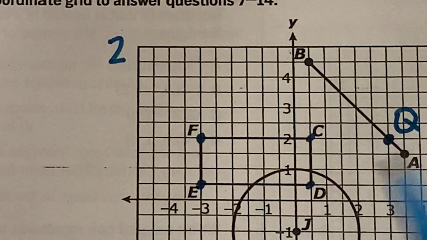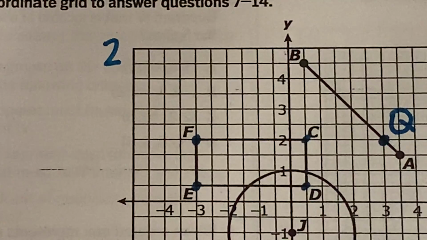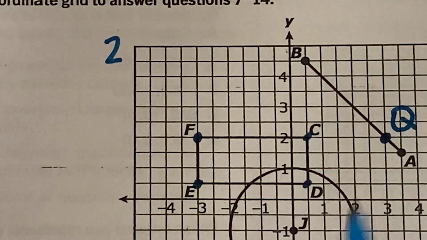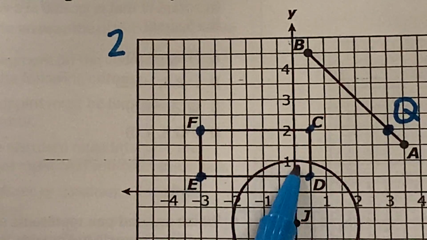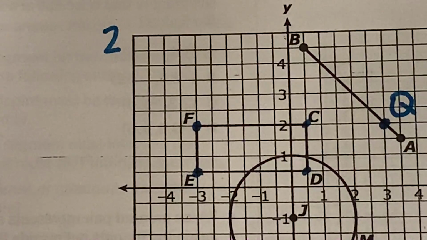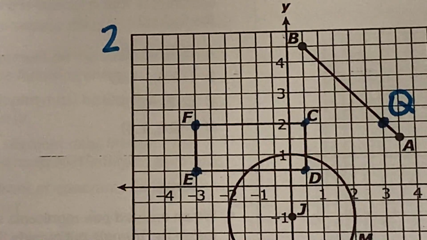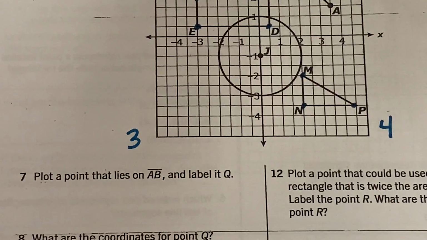Well, the X is here. So if I trace this back to the X, where do I land? -3 is my X. And if I trace it back to my Y, I land where? What's between 0 and 1? 1/2 or 0.5, either way. And then you can do the same thing on F.